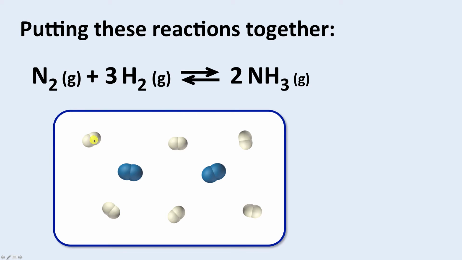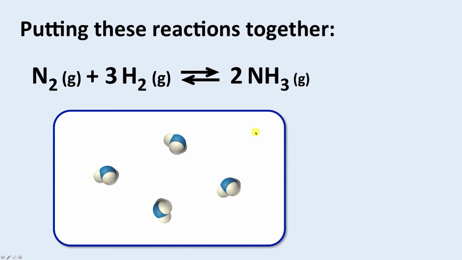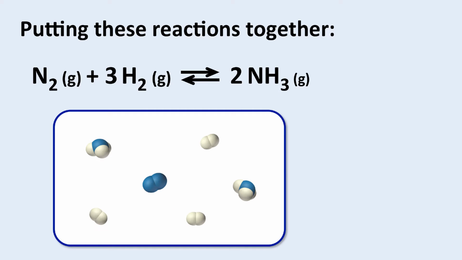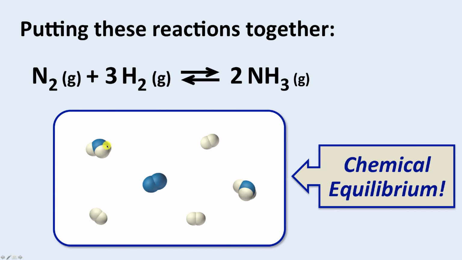In this case, we can either start with nitrogen and hydrogen, or we can start with ammonia. When we put those in a container and allow them to react, eventually they reach a position of chemical equilibrium where we have some ammonia produced or some ammonia left from what we started with, and some nitrogen and hydrogen produced or some nitrogen and hydrogen left from what we started with.